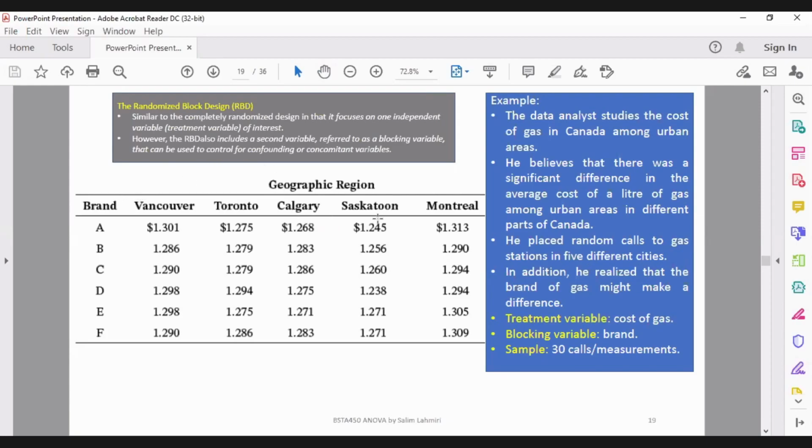In addition, he realized that the brand of gas might make a difference, because there are six brands of gas, A, B, C, D, E, F. So the treatment variable is cost of gas, blocking variable is brand, okay, and sample is 30 call measurements. So all of these are 30 call measurements.